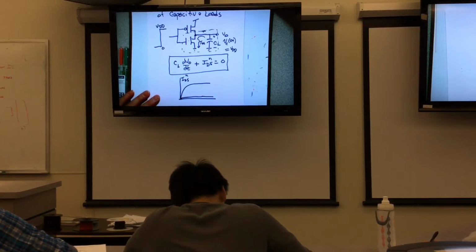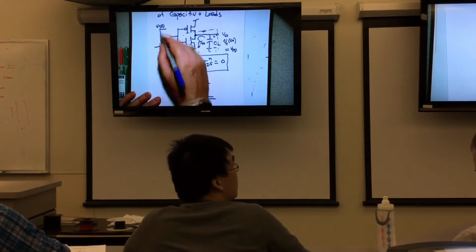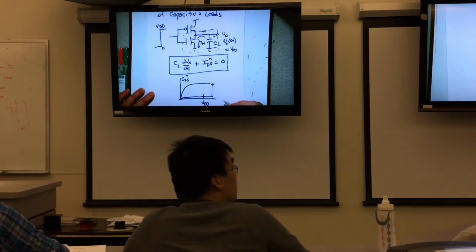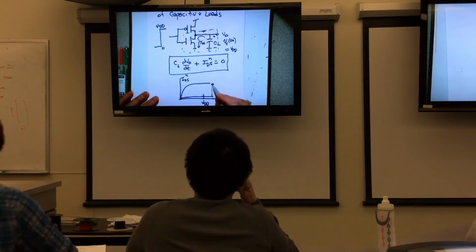The capacitor would have charged all the way to, well, let's say VDD, though it's not going to quite get there either. So it starts at VDD. And then we abruptly change the voltage and we snap from this characteristic up to this one. So this is the one where VDSN is equal to VDD.